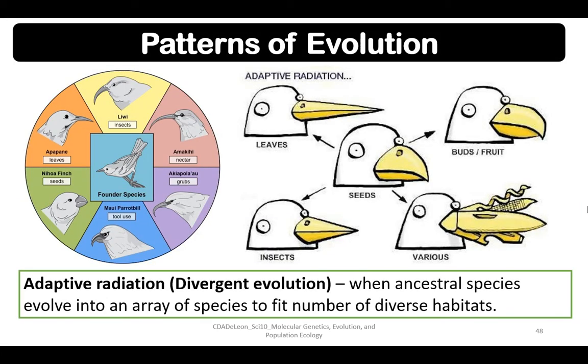Patterns of evolution. So we have what we call adaptive radiation or divergent evolution, where an ancestral species evolves into an array of species to fit a number of diverse habitats.